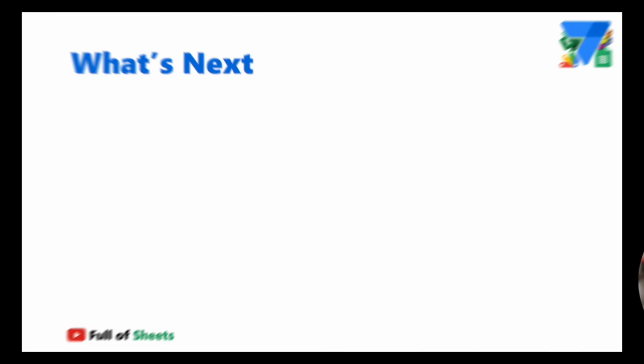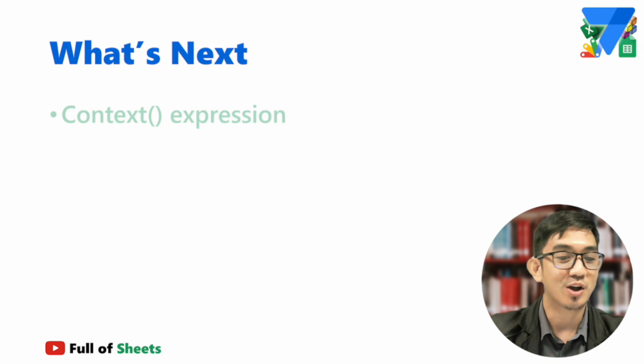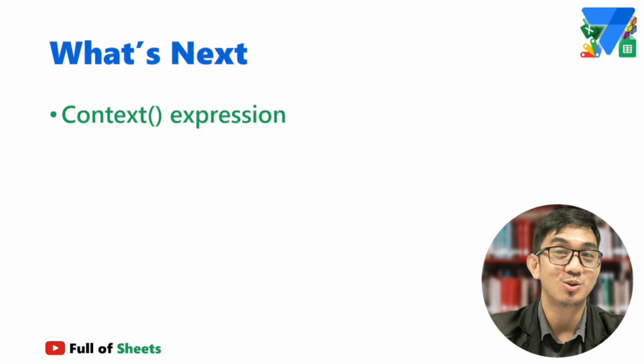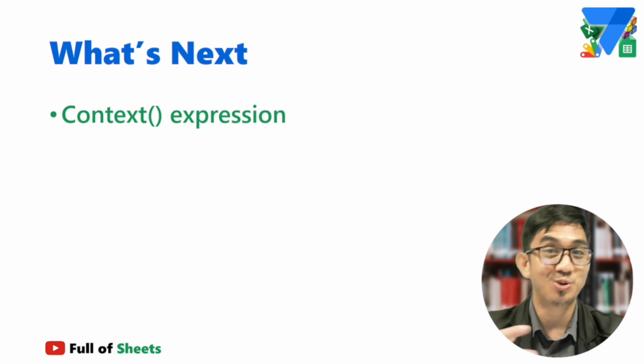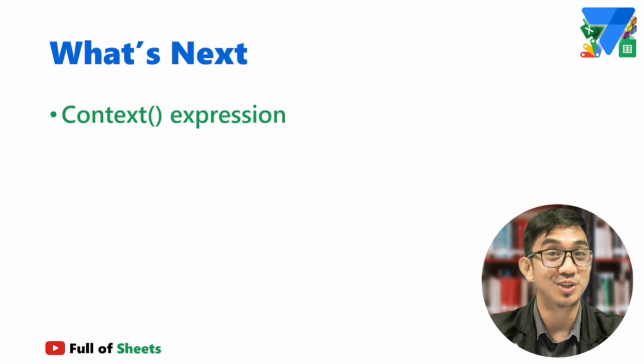I hope this video has helped you understand this many-to-many relationship in AppSheet. And in our next videos, we will actually be building on this app. We will talk about the context expression, so we can hide or show components of our views depending on certain conditions.